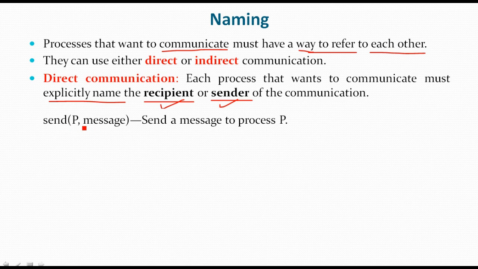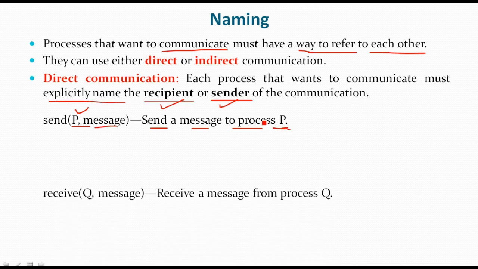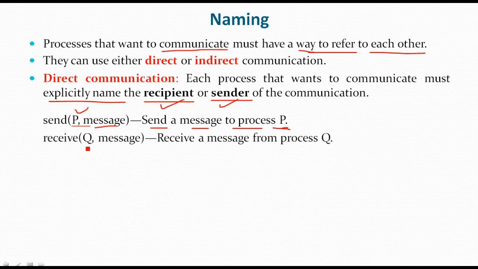Now, the send operation we are performing here is send(P, message). P is the receiver who receives the message. So we are sending a message to process P. Similarly, a receive operation also has a sender name explicitly: receive(Q, message).